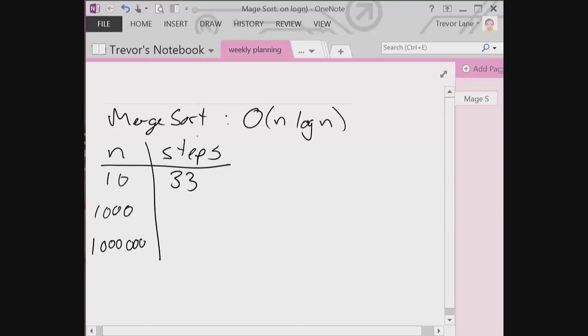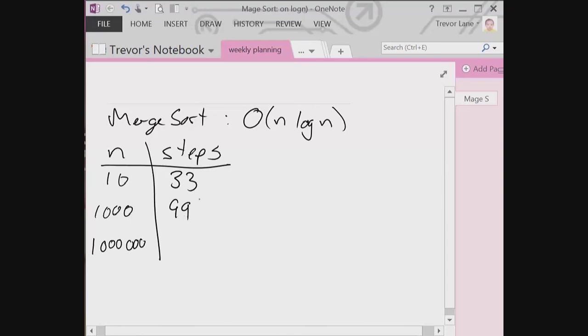Now for 1,000 items, that's a little bit different. What we end up with is a log of about 9.9 approximately. Sorry, we need to back up a step. This was 9.9.